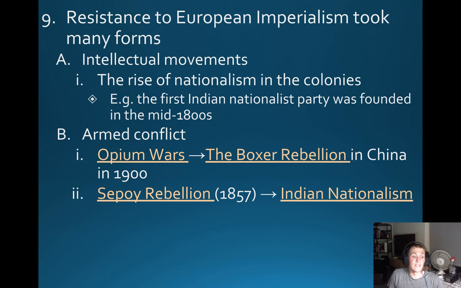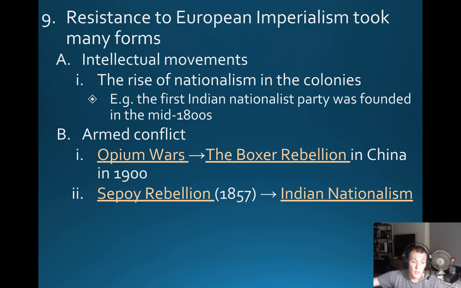And you're going to have the Indian Nationalist Party and things like that. You're also going to get the Sepoy Rebellion, which is ultimately going to be crushed, and it's going to lead to more direct control by the British in this area, right? But that is then going to lead towards Indian nationalism later on, and you're going to get Gandhi and all that stuff obviously a bit later.